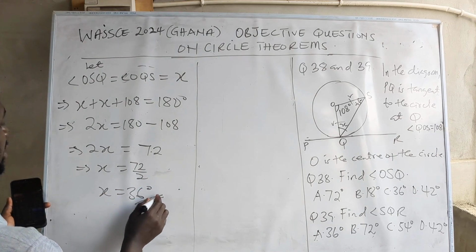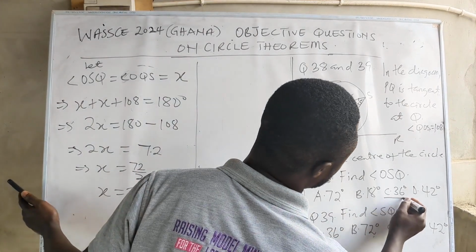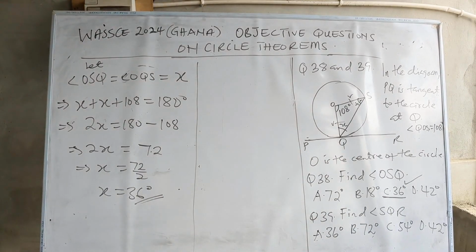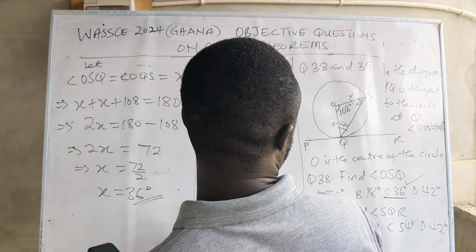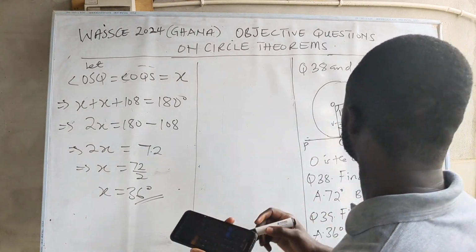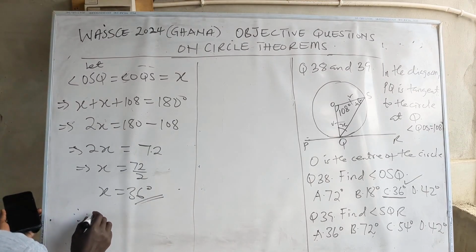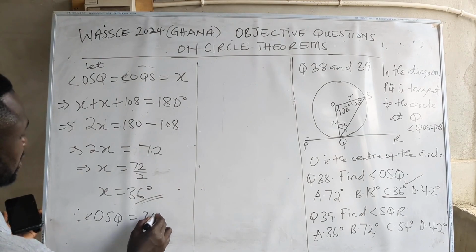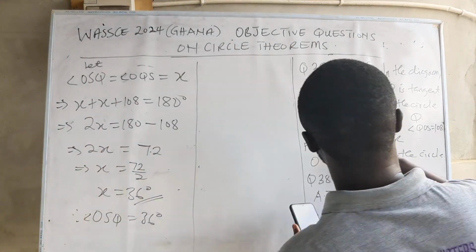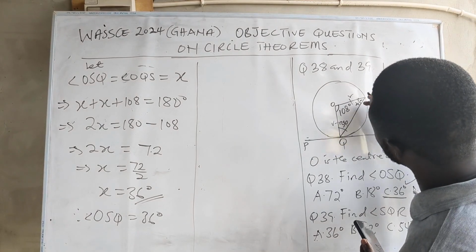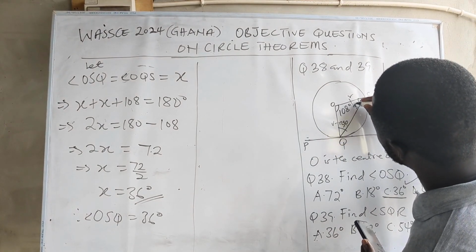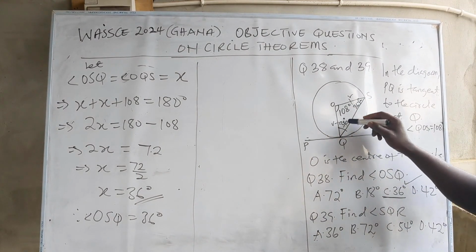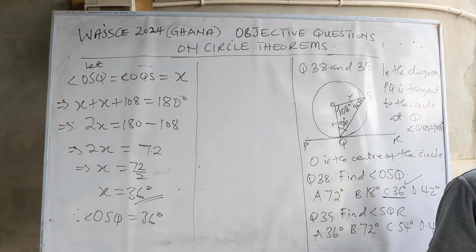So our x is 36 degrees. That is the answer C. 36 degrees. So x, which is angle OSQ, is 36 degrees. So if here is 36, here is going to be also 36, because this side is the same, so the base angles also become the same.